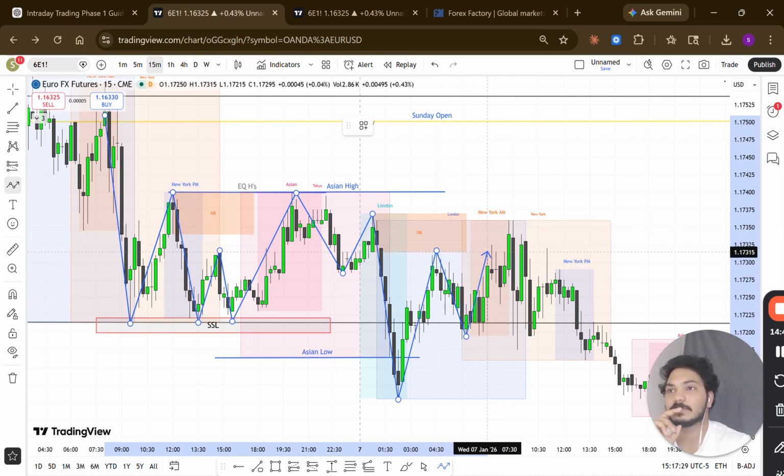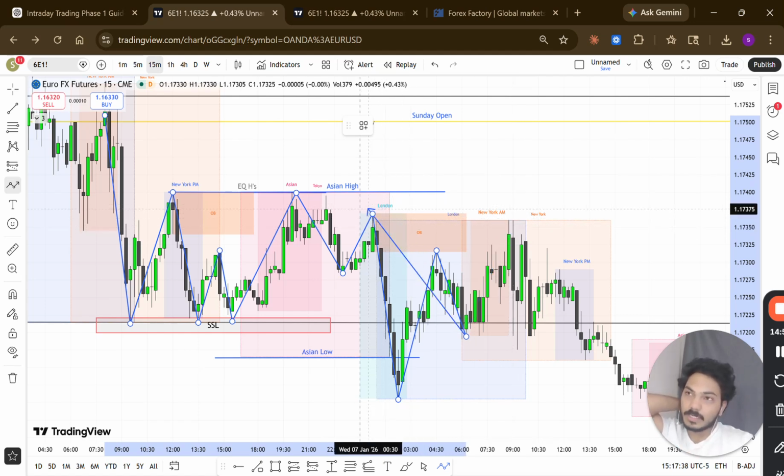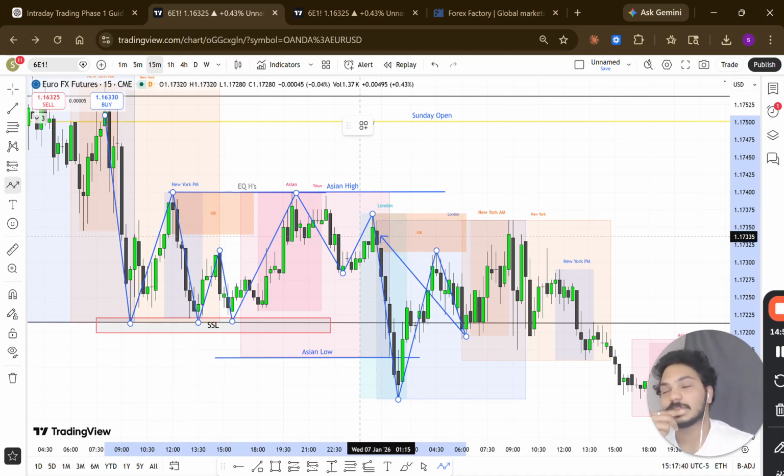You also see it tried. So this should be taken out to see if there is a change of character, because that's the strong high.